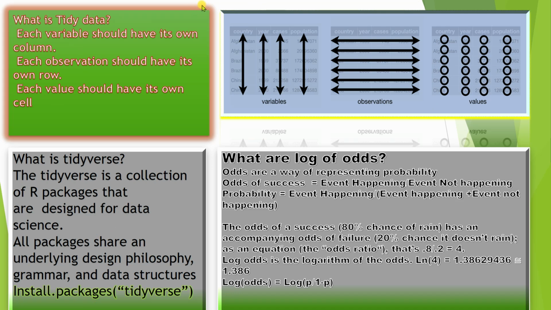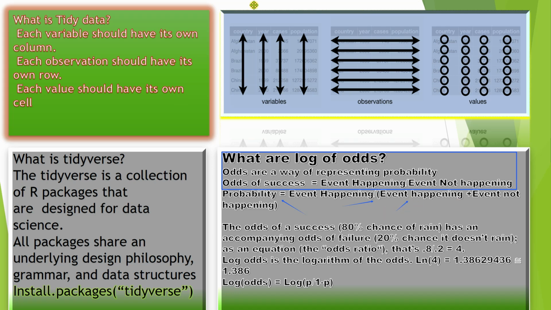Next, we have to understand a couple of other things. We need to understand what log odds are. We know that odds are a way of representing probability. Odds of success is equal to the event happening divided by the event not happening. There's a subtle difference between odds of success and probability, where probability is the event happening divided by the event happening plus the event not happening, whereas odds of success is the event happening divided by the event not happening.